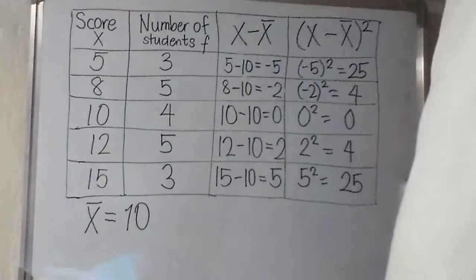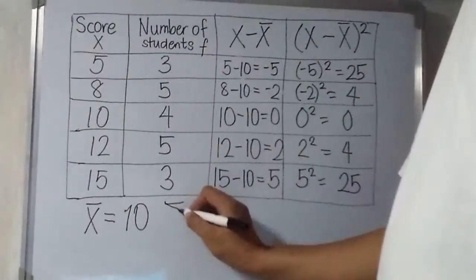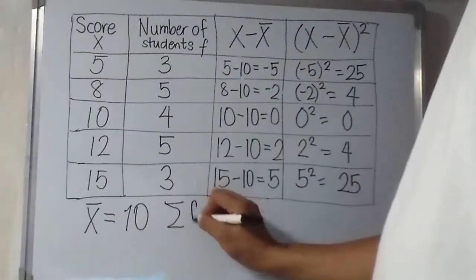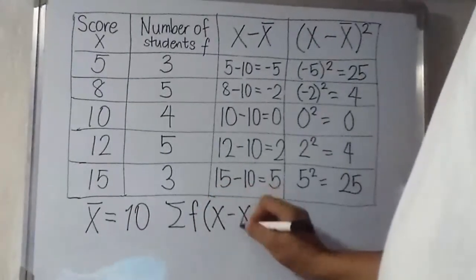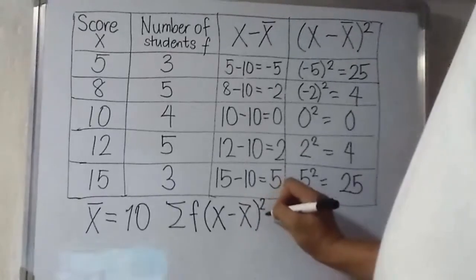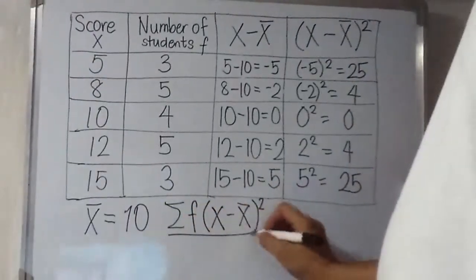The formula for the variance is the summation of f times (x minus x bar) squared over n.